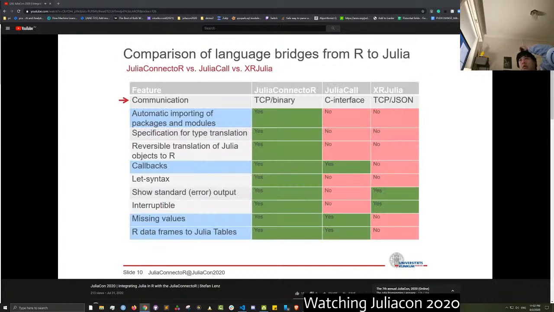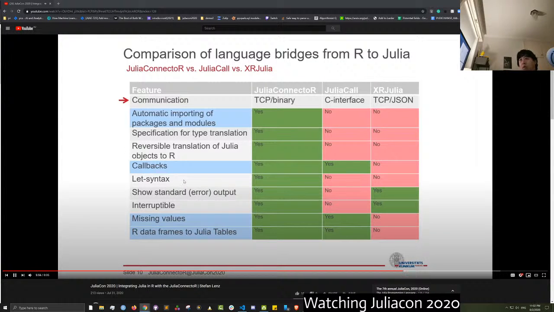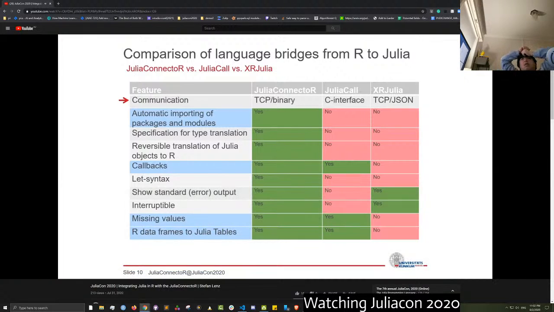You have now seen the features that are highlighted here in blue in this table. This feature matrix shows the most important features of the Julia connector and compares them with two other R packages that aim at integrating Julia in R, namely JuliaCall and XR-Julia.